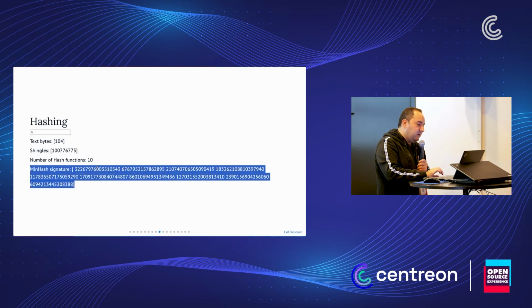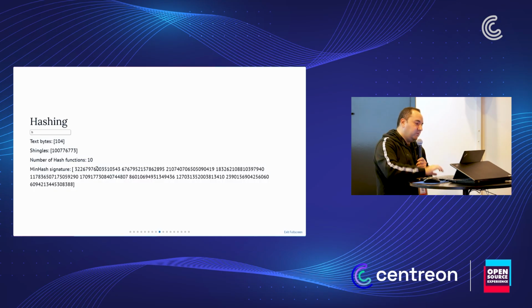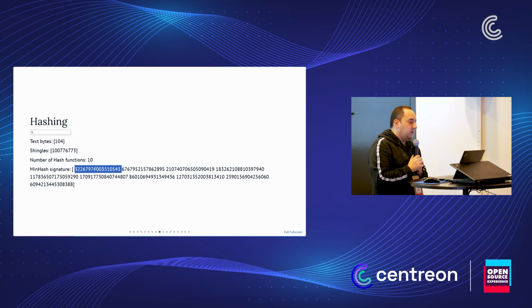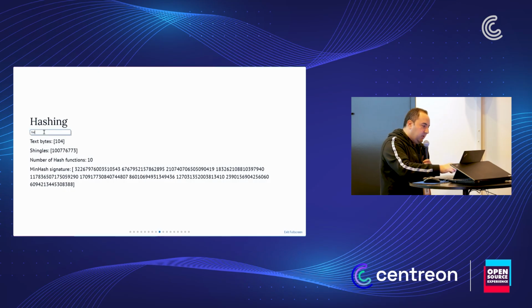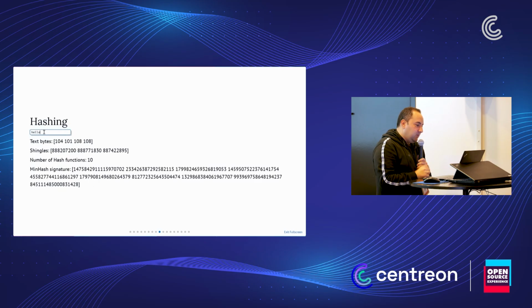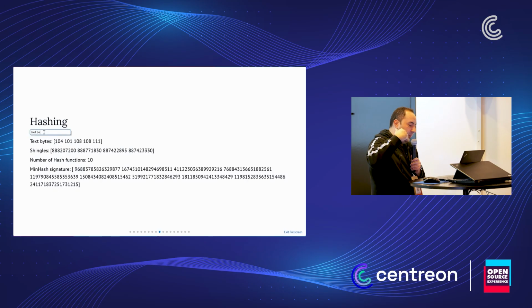So each value here is the result of hashing with a single hash function. And so with this technique, we have built a single representation that represents the letter H. And we can do a hello world, and we have the single representation of hello.